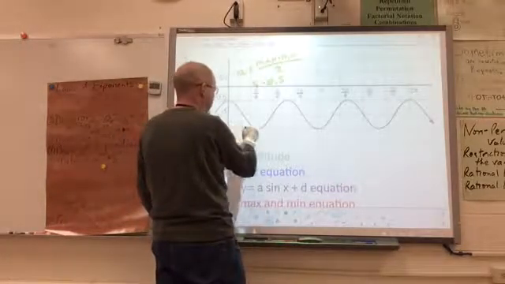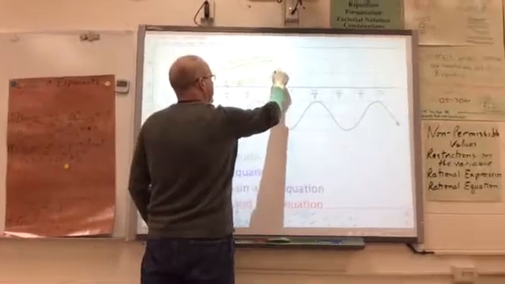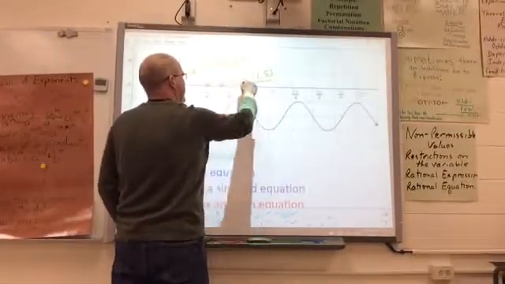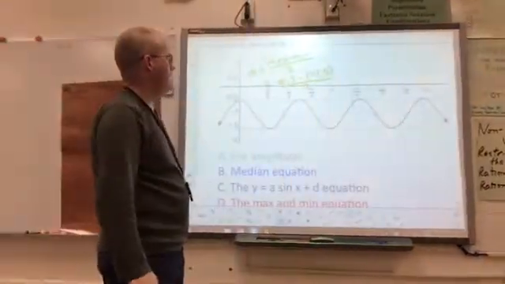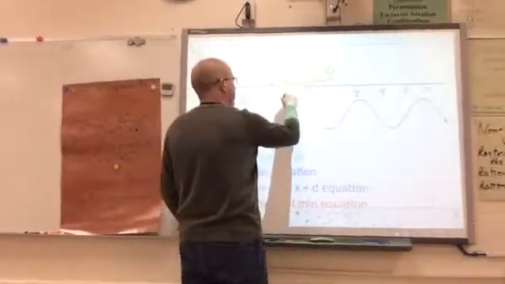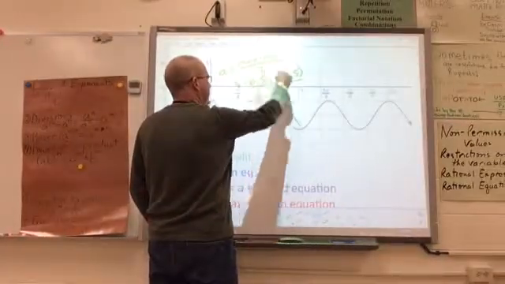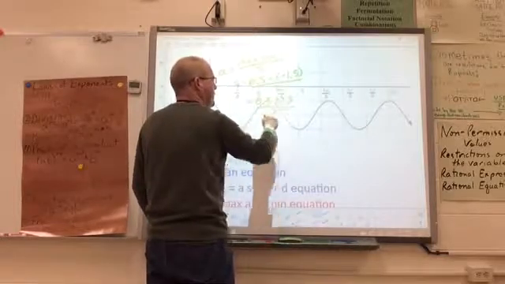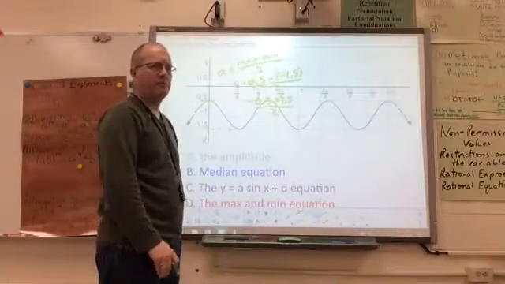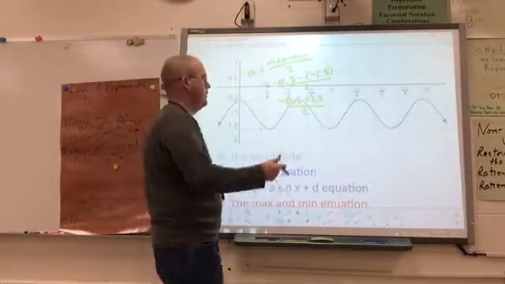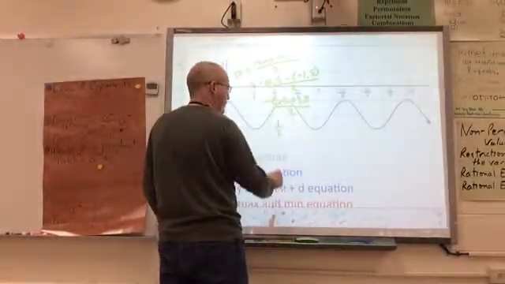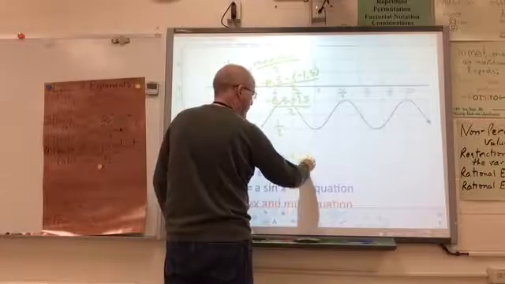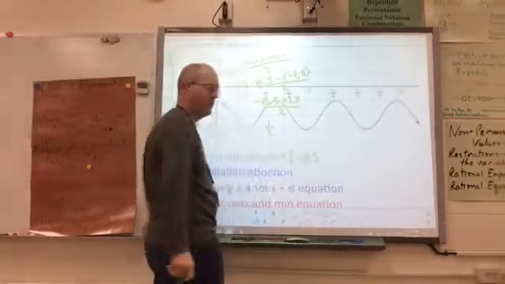The minimum is minus 1.5. Minus 0.5, minus and minus means a plus, so plus 1.5 over 2. What's minus 0.5 plus 1.5? 1 over 2. A is 1/2 or 0.5, however you want to write it.